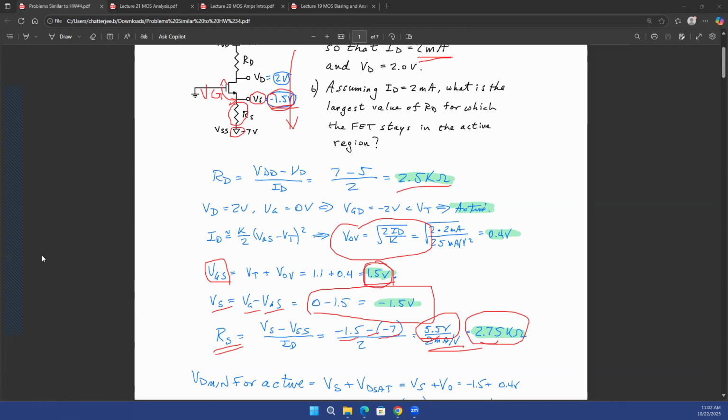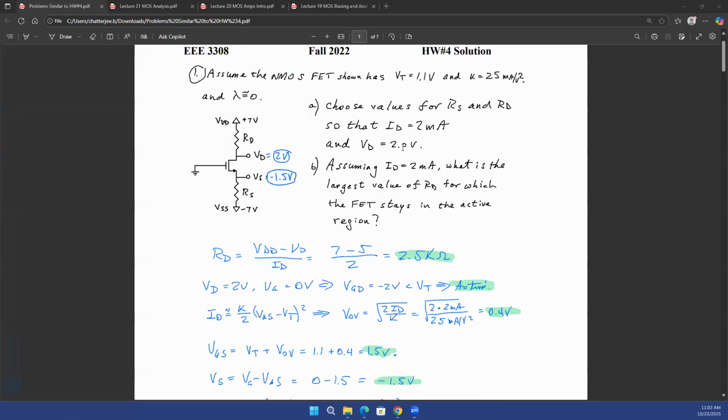And at the same time, you also found out that the transistor is in saturation region or in the active region. Now, the second part of the question is pretty interesting, that assuming your ID is still 2 milliampere, what is the largest value of RD for which the FET will stay in the active region? In this case, you try to find out what is the value of RD if you assume that your VD is equal to 2 volts.